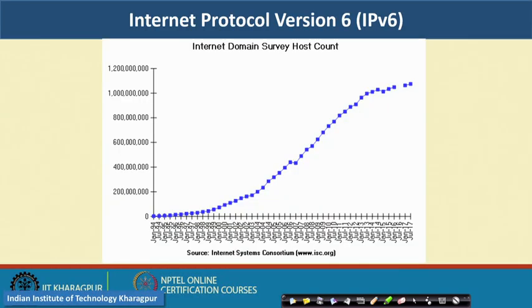So, first of all, why do we require this new version of IP which is IPv6? If you look into the demand of internet addresses, with the growth of different devices in the internet.